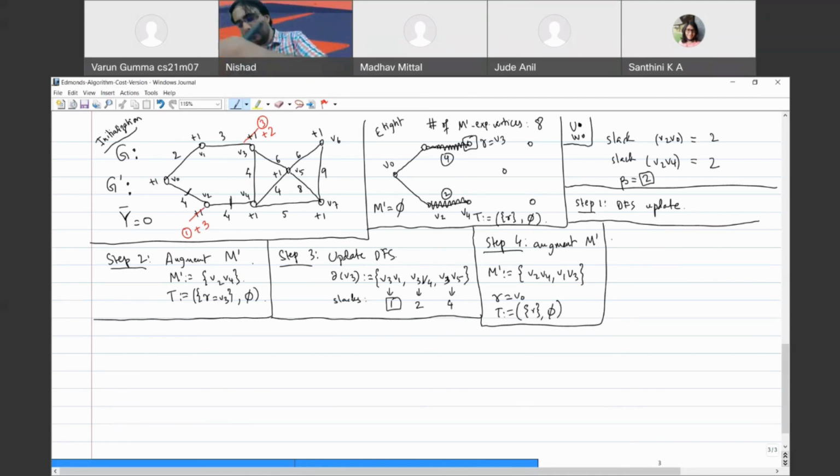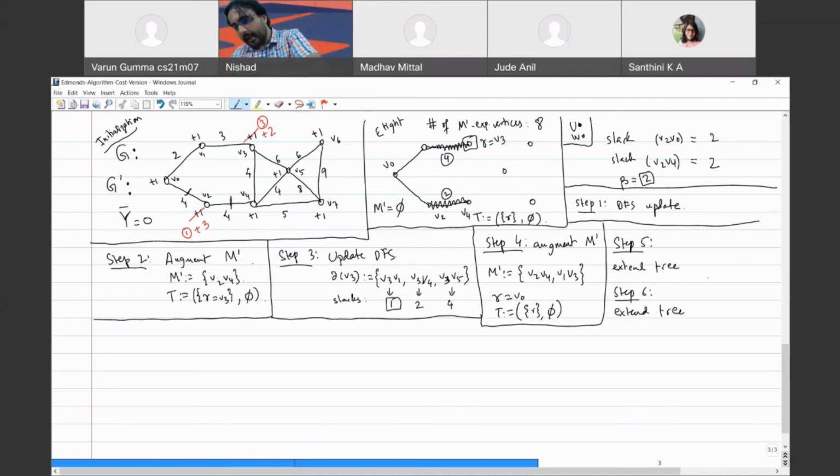So the next 2 steps you can do on your own. We will start at this vertex v0, and we will extend the tree because we will find these matched vertices, and we will add the vertices, and the whole tight graph will become your tree. So the next step is going to be extend the tree, and step 6, again extend the tree.